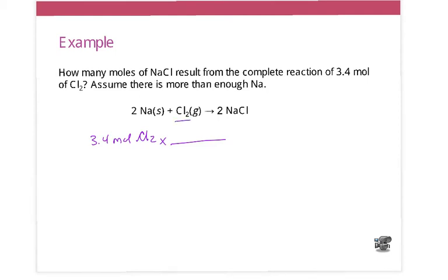Here Cl2 has no coefficient, so that means there's 1 mole of Cl2 for every 2 moles of sodium chloride. So 1 mole of Cl2 gives us 2 moles of sodium chloride. You see the moles of Cl2 cancel out and we're left with moles of sodium chloride. And this gives us a value of 6.8 moles of NaCl.